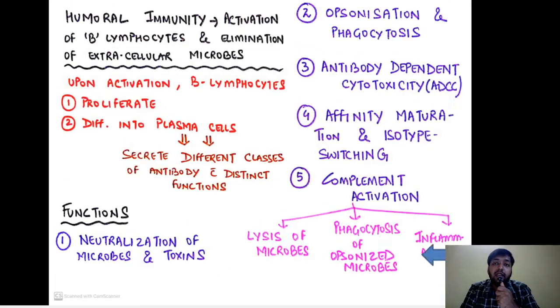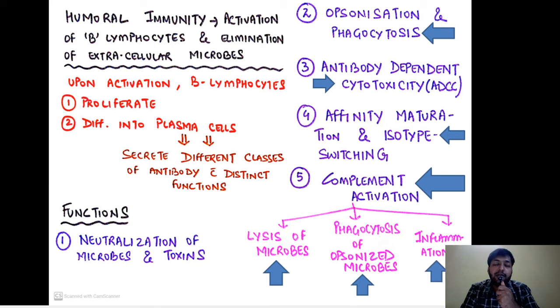Number 2, they cause opsonization and phagocytosis. Number 3, they cause antibody dependent cell cytotoxicity, also called ADCC. They are also responsible for affinity maturation and isotype switching, as well as complement activation, leading to lysis of microbes, phagocytosis of opsonized microbes, and inflammation. Now we are going to discuss each and every function in detail.